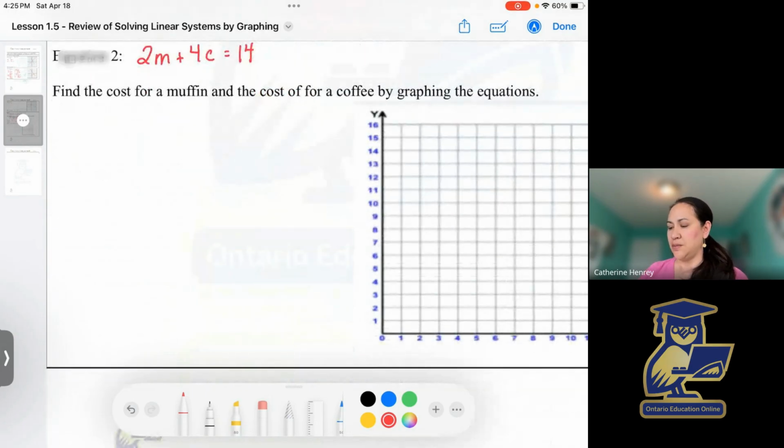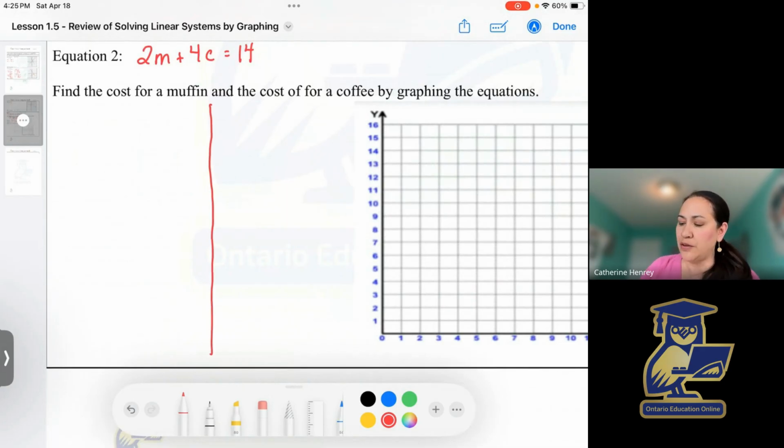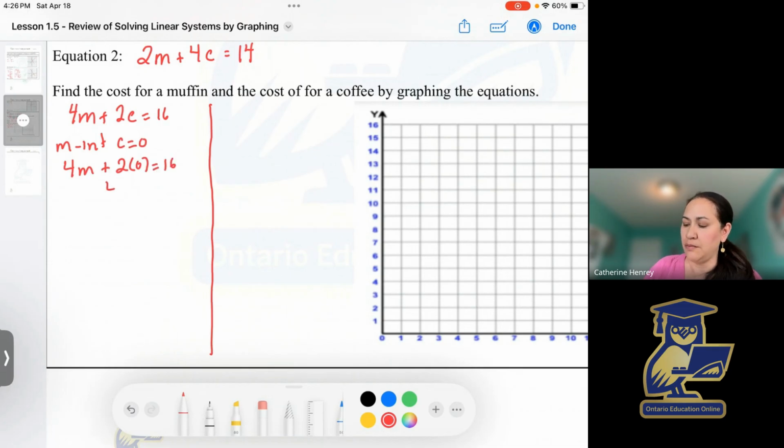And I'm going to split my space here into 2. So for my first equation, which is 4M plus 2C equals 16, let's find the M-intercept by setting C equal to 0. So 4M plus 2 times 0 equals 16. 4M equals 16 and M equals 4.